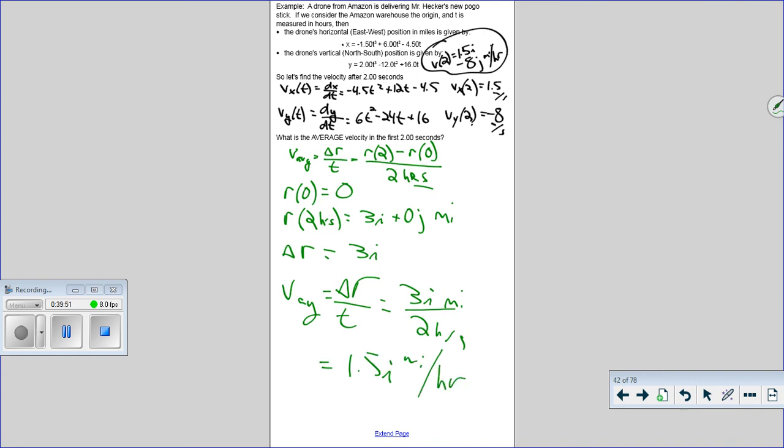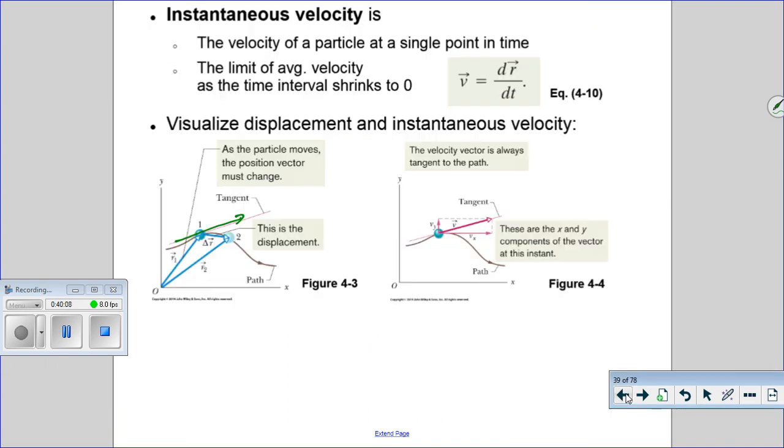So this vector, which I am now drawing in blue, represents my displacement vector for those 2 hours. Divide it by 2 hours, and that means we went 1.5 miles per hour. Good?